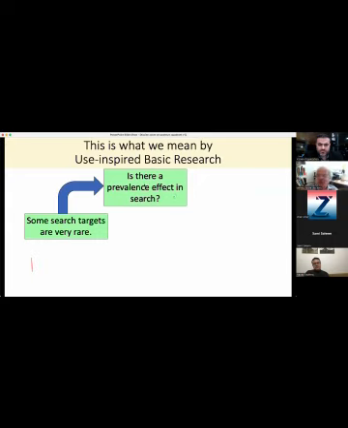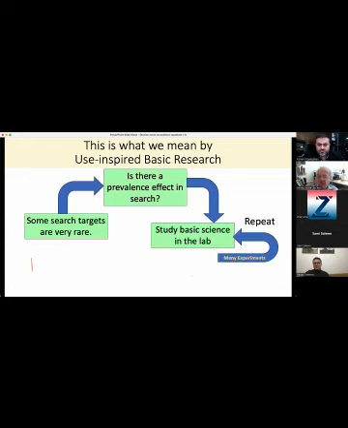The basic question we ask is, is there a prevalence effect in visual search in general, not specifically at the airport or specifically in the radiology clinic? Is there a basic principle at work here? And so we brought that into the lab to study it. And we've done lots of experiments on this. I can give long, detailed talks about prevalence effects.